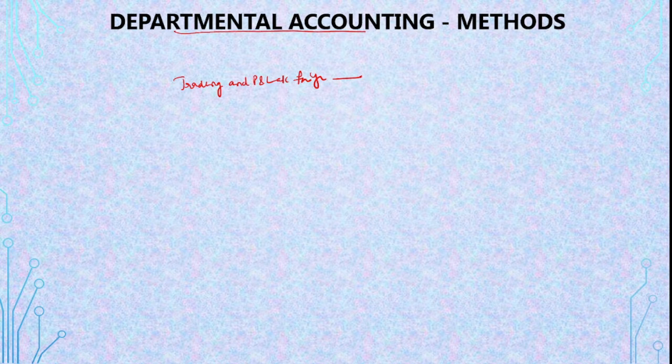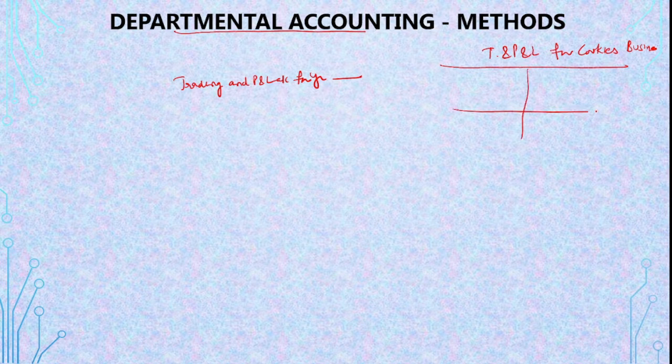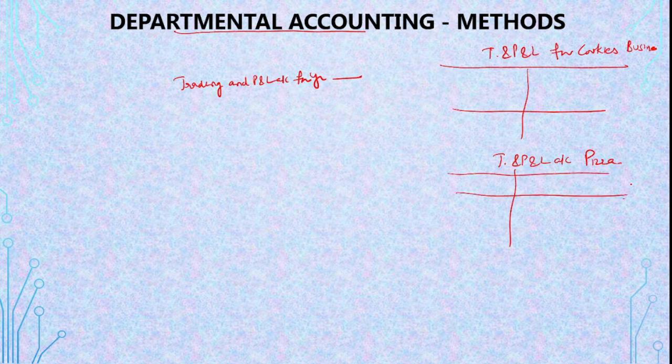For each department you want to know their operating efficiency, so one way is you prepare a trading and P&L account for the cookies business. Then you prepare a trading and profit and loss account for the pizza product line. Then you prepare a trading and P&L account for the cakes and pastries business.